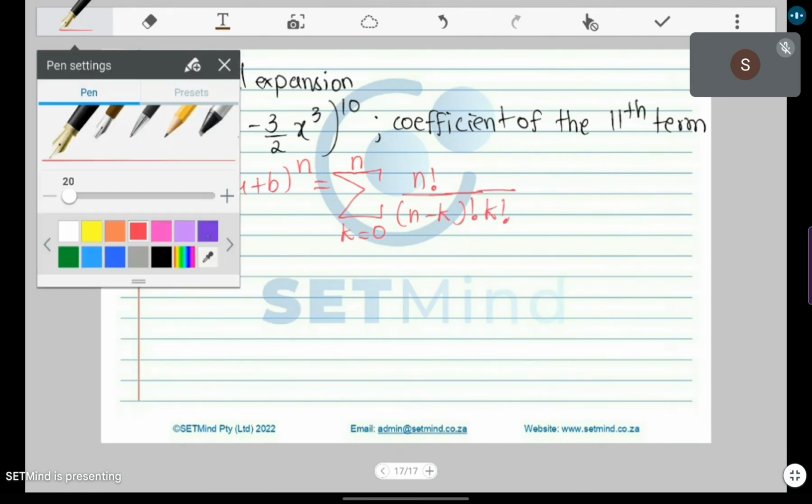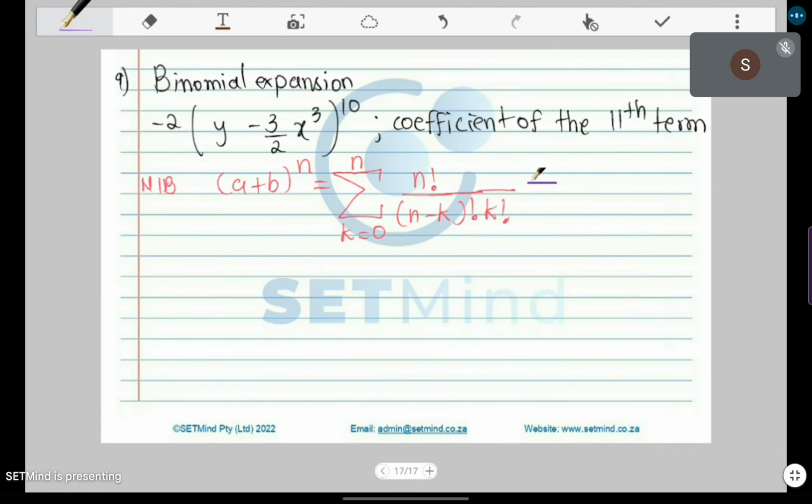Let me write these terms differently. And you will have a to the power of n minus k times b to the k.